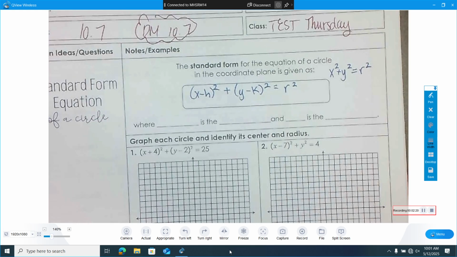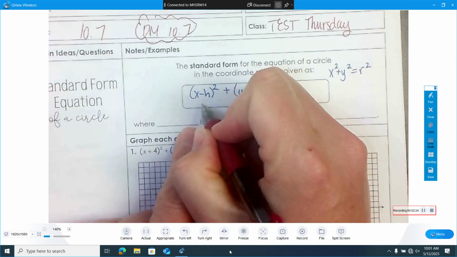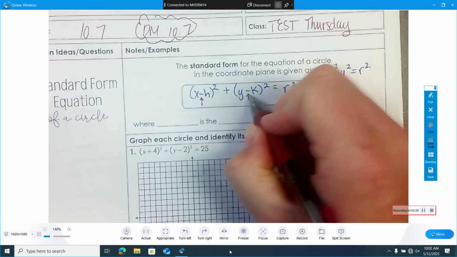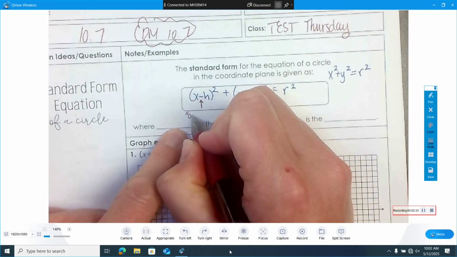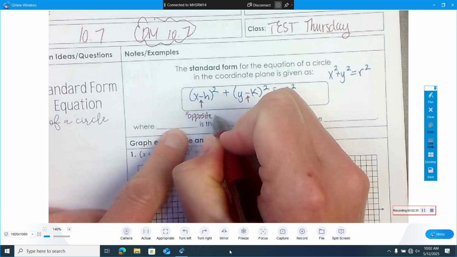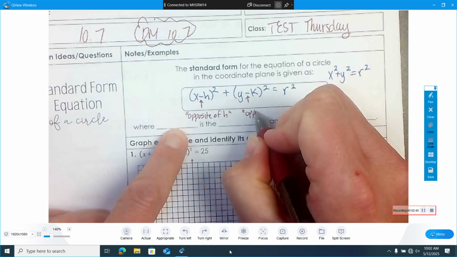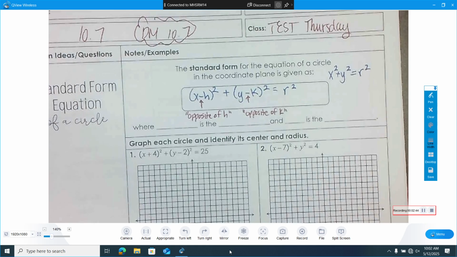So what happens here? I want to talk about the negatives in this equation. Whenever there's a minus in a formula like this, I want you to think opposite of h, or in this case, opposite of k, because that minus sign is technically telling you it's the opposite of the value of h when we have it in a formula like that.